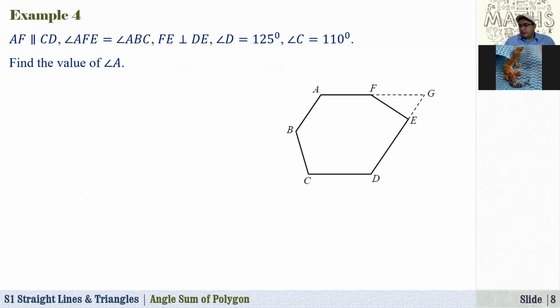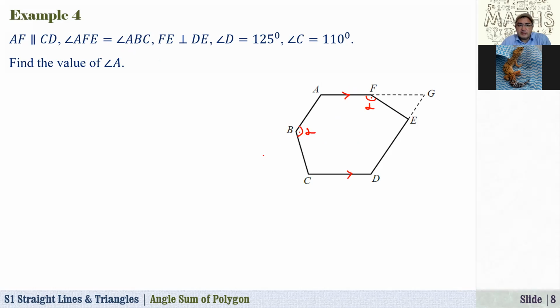All right, example 4. In the question, AF is parallel to CD. And angle AFE is equal to ABC. So this AFE, let's say this alpha, is equal to ABC. And also this angle is alpha.